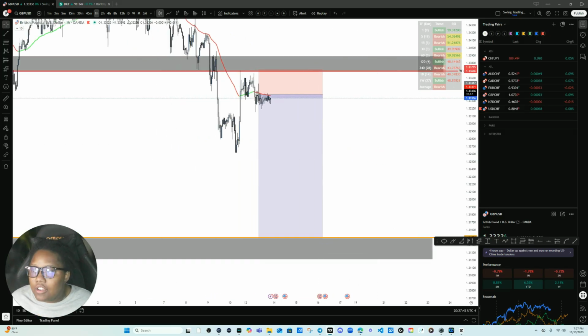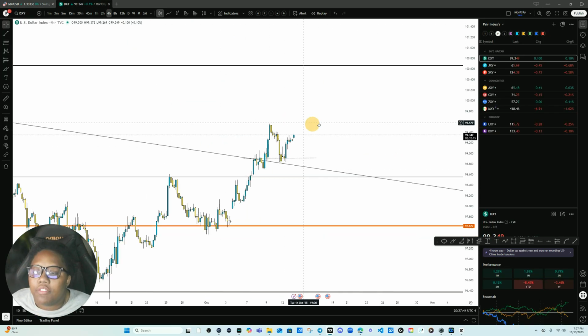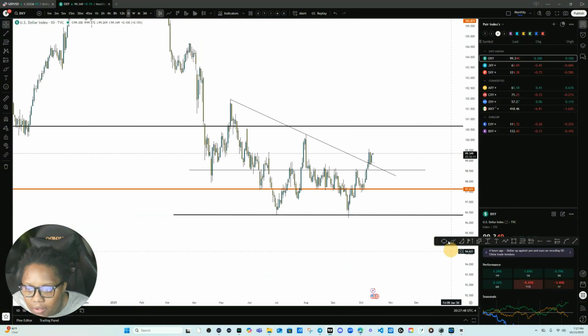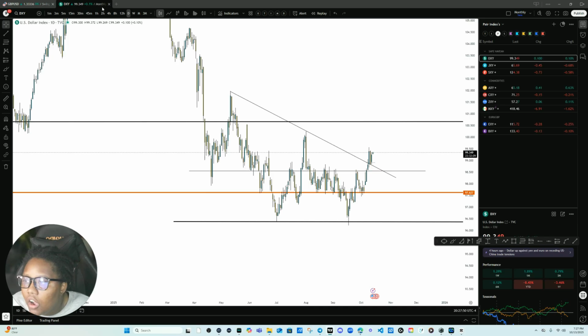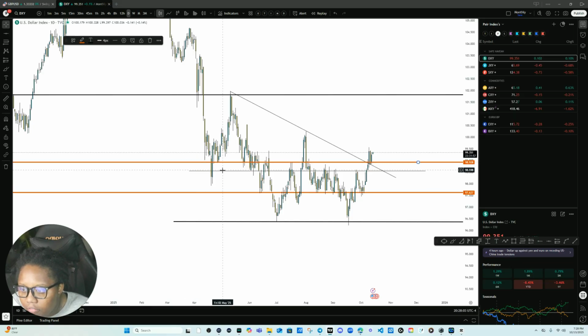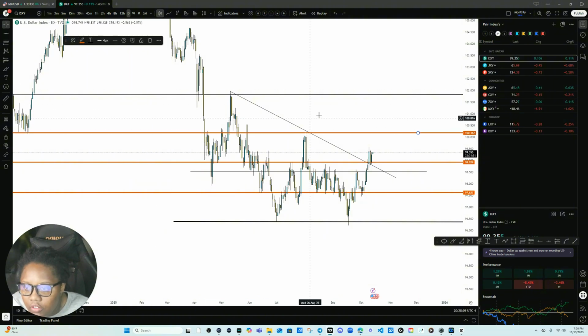3150 area. Now, looking at the DXY was another confidence of me taking this trade. We are currently bullish from a daily standpoint of the DXY. This is a key level, and this is a key level here as well.